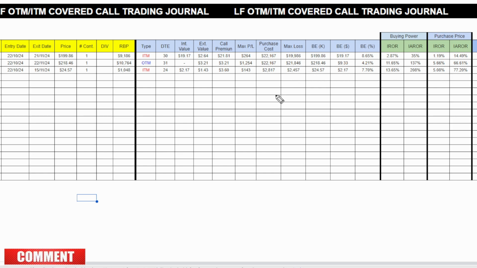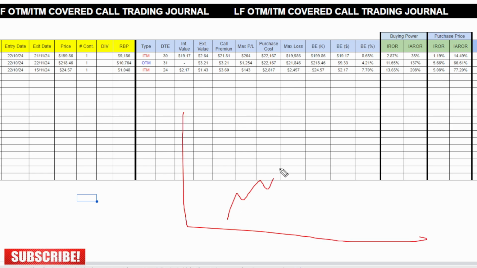Because of course, you're also getting, let's say for example, it's trading at 221 like we saw before. Your strike price here is 231 plus the call option that you receive, let's say $3. Remember, we have this gap here to make money on the shares.